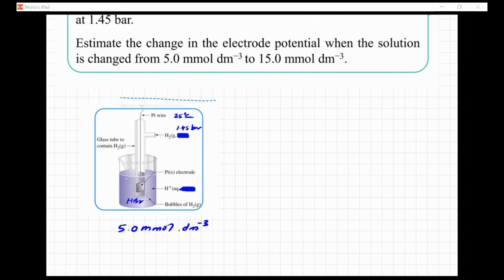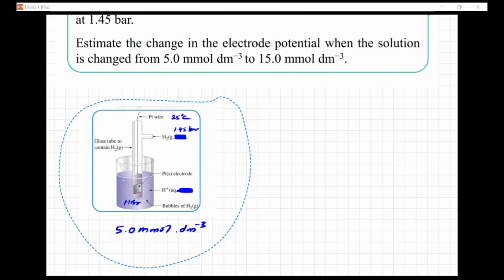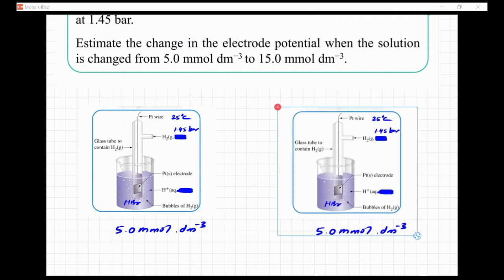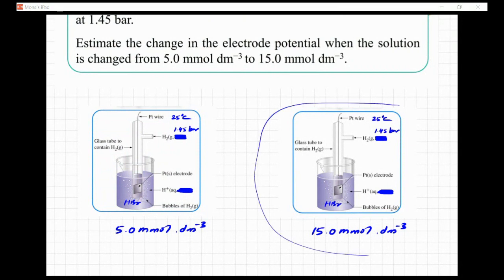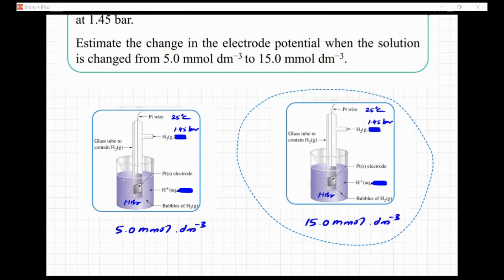Then I repeated it with exactly the same electrode, placed in a solution of 15 millimole per decimeter cubed. So one time the electrode is dipped in 5 millimole per decimeter cubed, and the other time in 15.